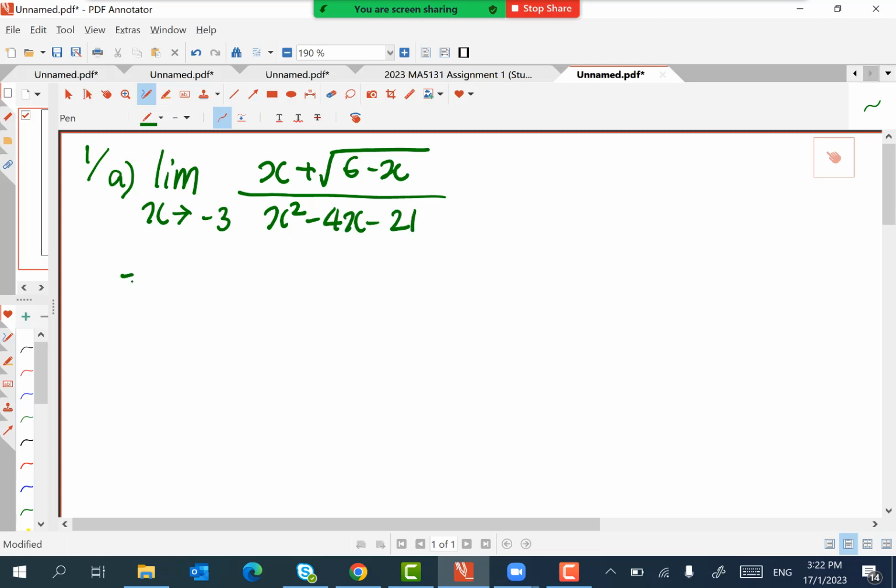For 1A, you can choose to hand in the assignment in soft copy, I'm okay with that.